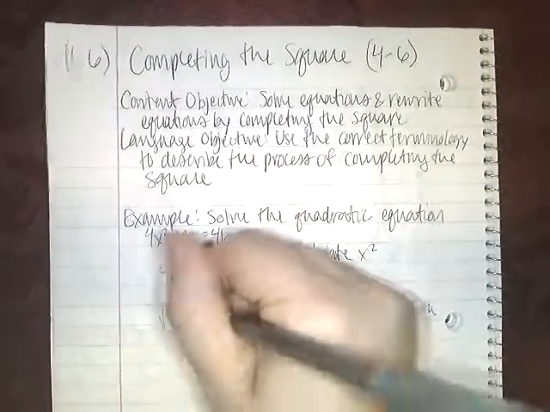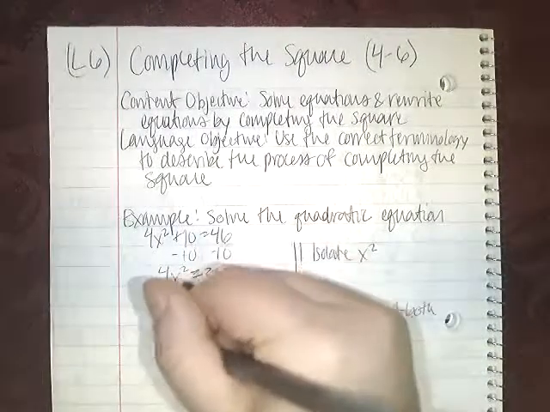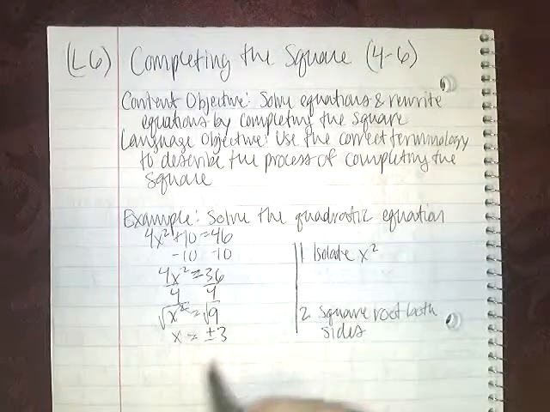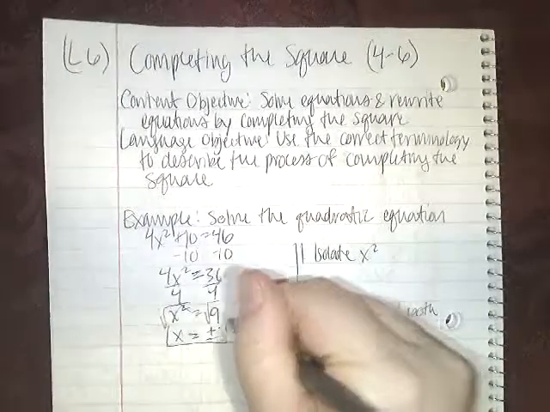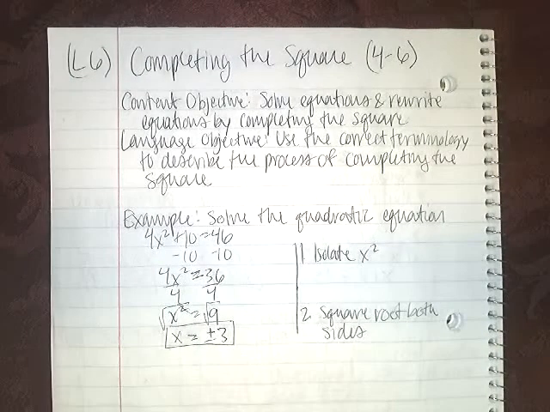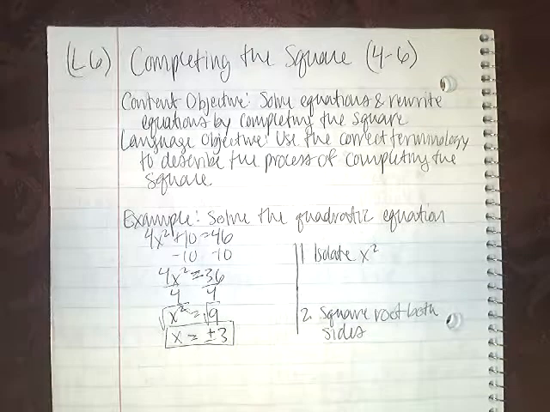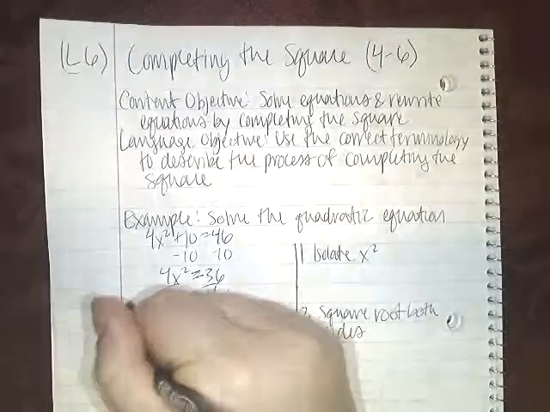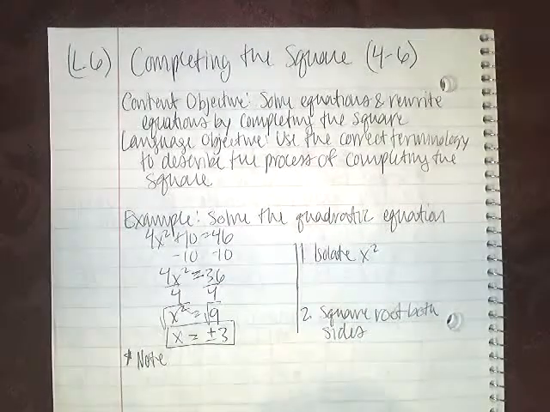When we do that, the square root on the left side cancels, and I get x is equal to plus or minus 3. One key thing when we solve a quadratic by taking the square root of both sides is we need to remember to have both a positive and negative solution. So I'm going to put a little note here because this is a key point.